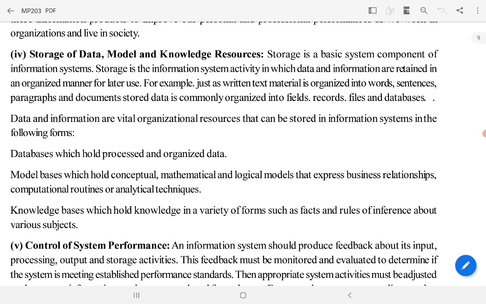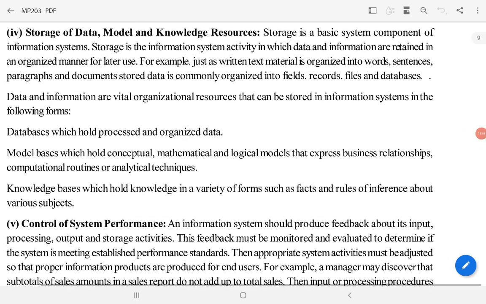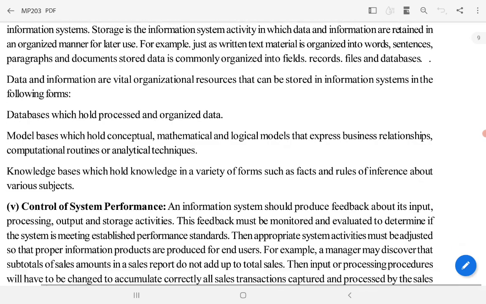Generally, all the information is stored in the form of records or documents. So storage of data plays an important role in the database, in the MIS. Generally the data or information is stored in the form of databases.